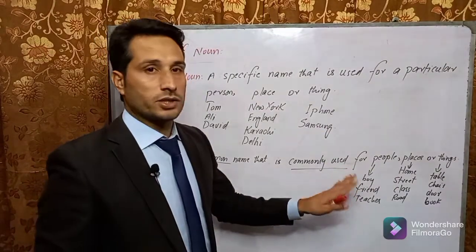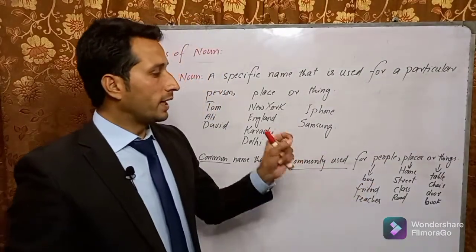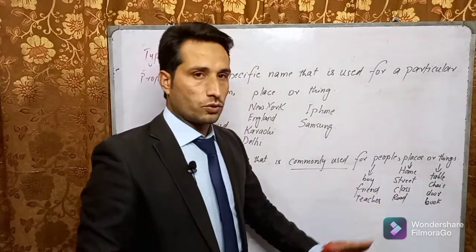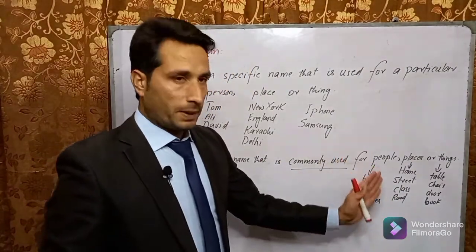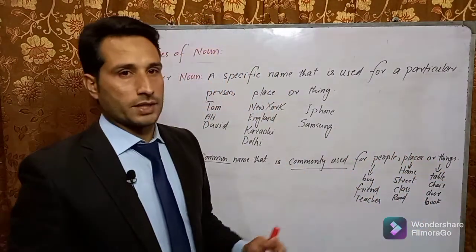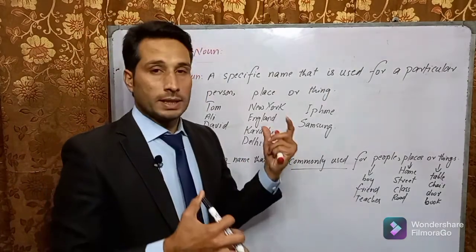Similarly, home. In any country, in English, we call home as home. Street, class, and road are names for common places. Things: table, chair, door, book, etc. These are the names of common places or common things or common people.